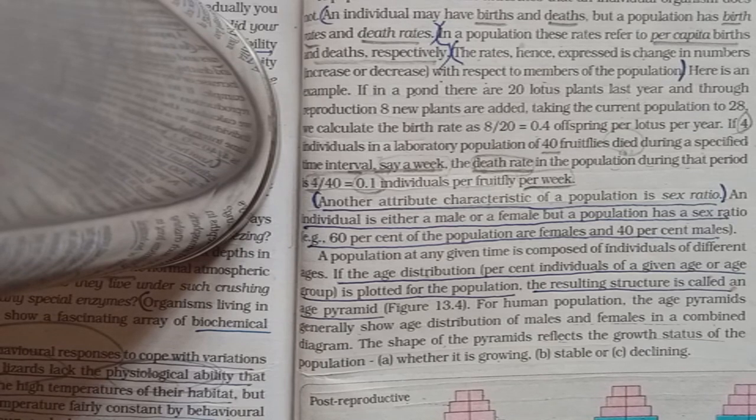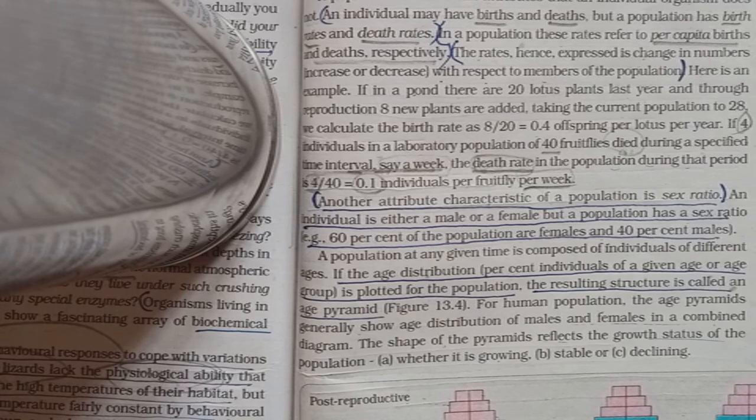For example, if we take females 1000 in number out of the total population of 1500, now we have to calculate the sex ratio. Sex ratio of female equals number of females 1000 divided by total number of the population, which is 1500. Hence the ratio will be obtained.